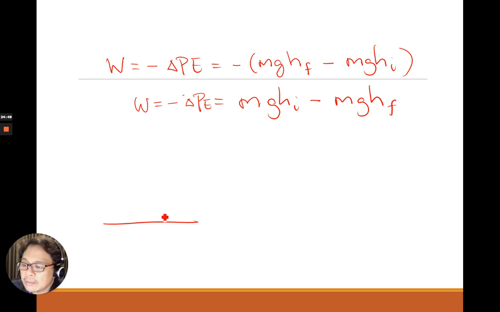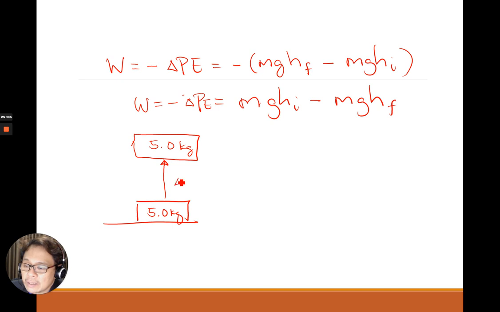Okay, so let's say that initially you have a mass here, 5.0 kilograms, and then you placed it higher. Siyempre, the mass would still be the same, 5.0 kilograms. You place it higher, nag-display siya ng 4.0 meters. What is the work done when you did this? Okay, so work is equal to, of course, this one we can factor out m times g.